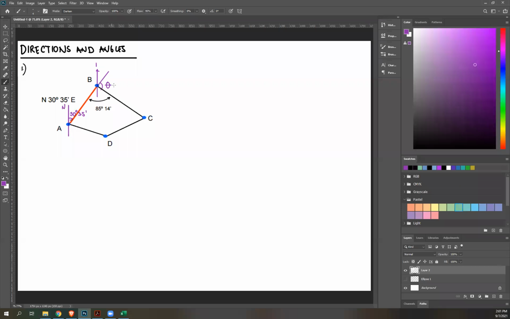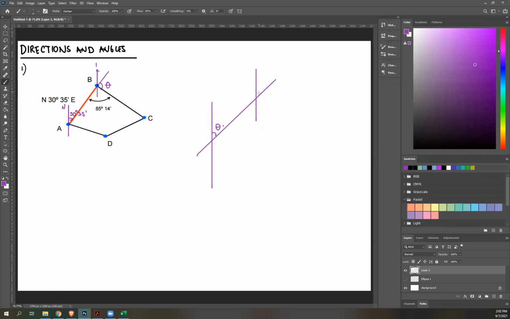In order to get my azimuth, I need to solve for theta and whatever this other angle is. But if you look closely, this angle is the same as this angle. Why? Let me isolate that. Remember, if we have parallel angles, their values are equal.